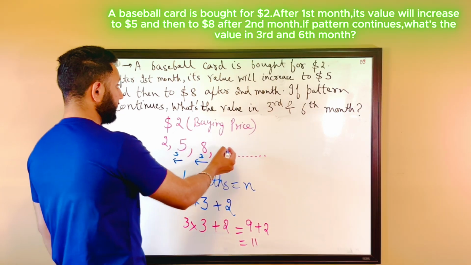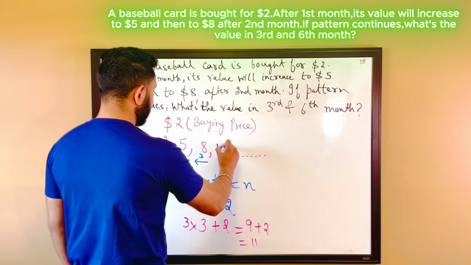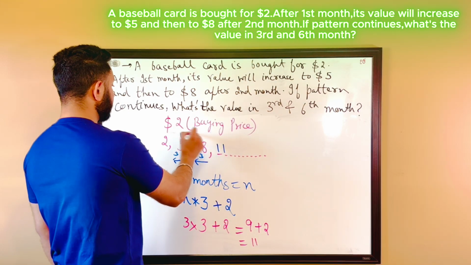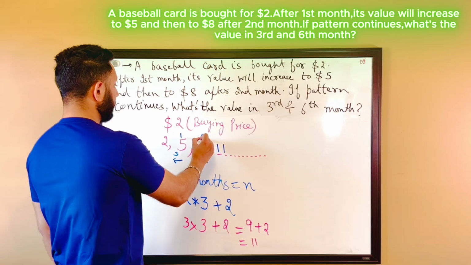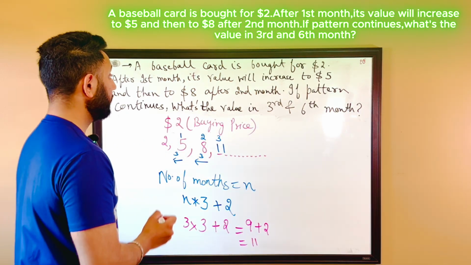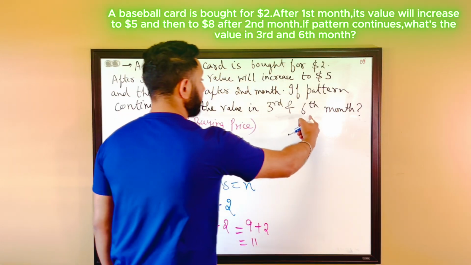If we complete this series, 11 is the value after the third month, after the first and second months being 5 and 8. We also need to find the value after the sixth month.